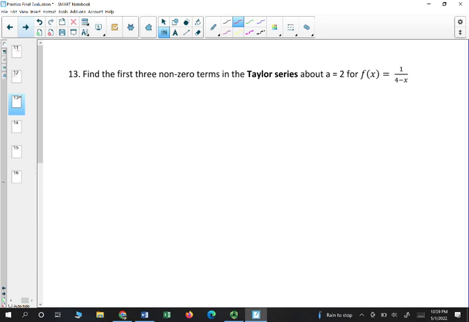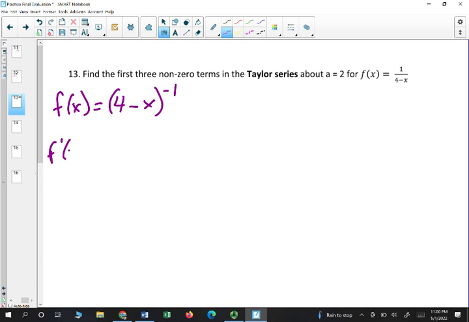Okay, find the first 3 non-zero terms in the Taylor series. Okay, Taylor series, let's write our function first. 1 over 4 minus x. This is the same as 4 minus x to the negative 1.